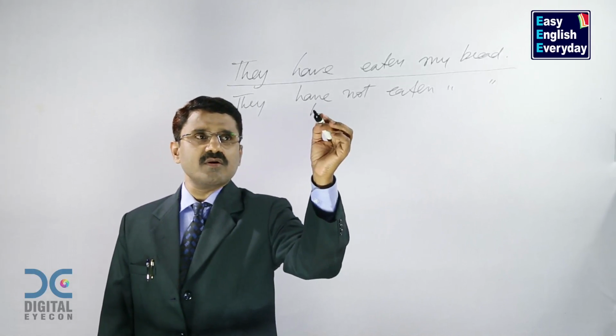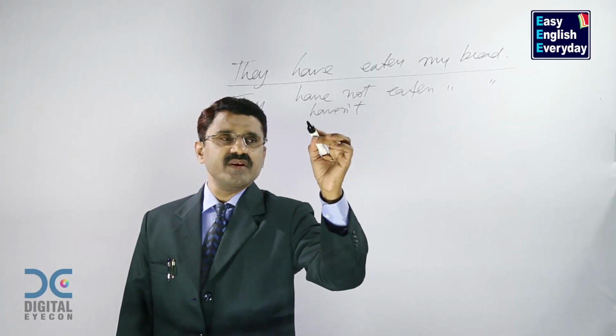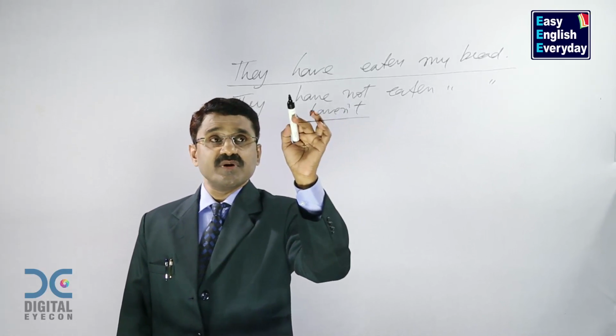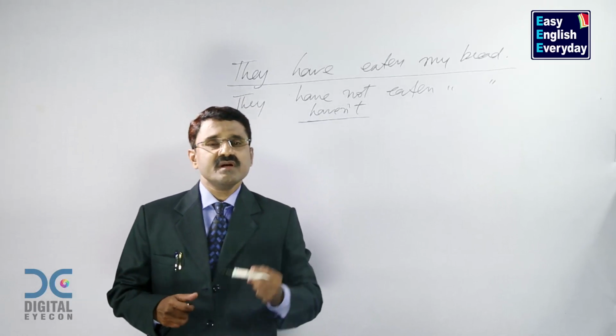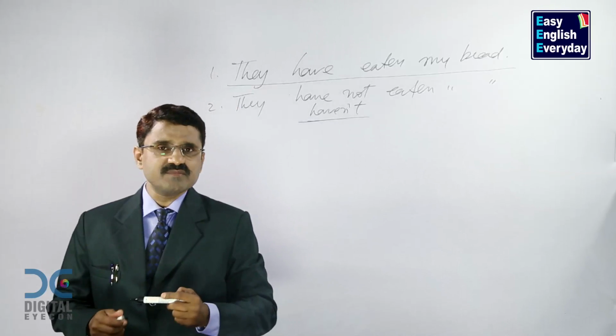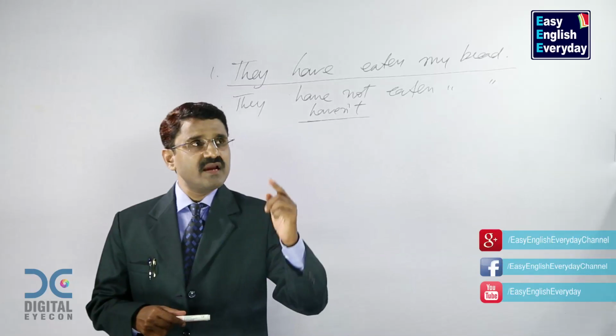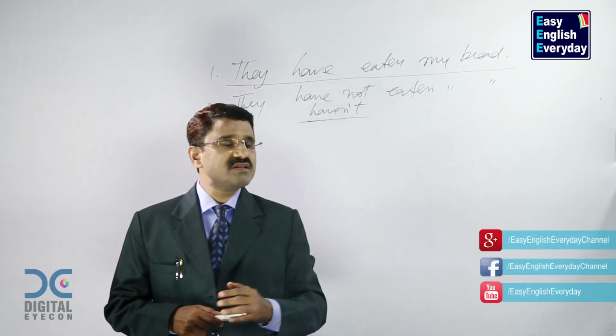You can also say they haven't. It's your choice. Whatever is convenient, you prefer that, but be good at both the forms. Now repeat it loudly as many times as possible. They have eaten, they have not eaten. They have eaten my bread, they have not eaten my bread.